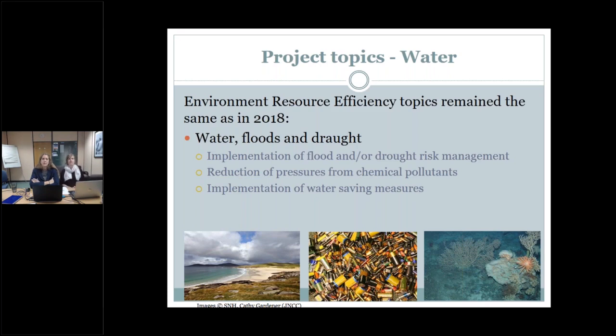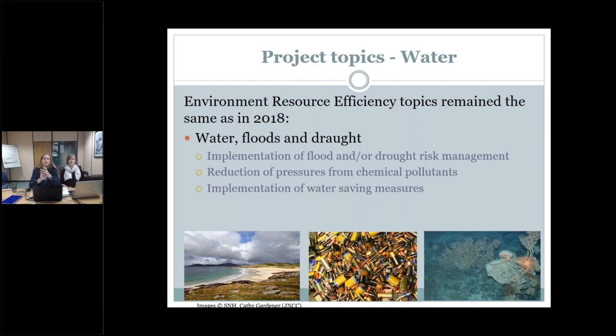The environment and resource efficiency strand of the LIFE program is the biggest and broadest strand of the environment sub-program. It includes a total of 28 project topics within 5 different thematic priority areas, which cover the whole length and breadth of the environmental spectrum.